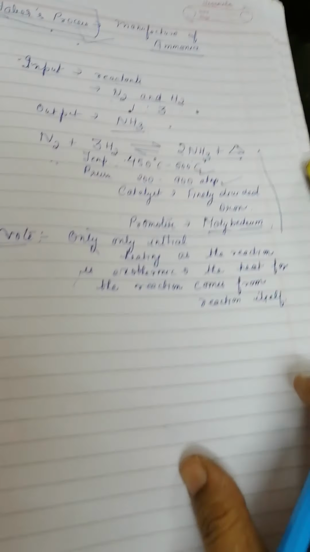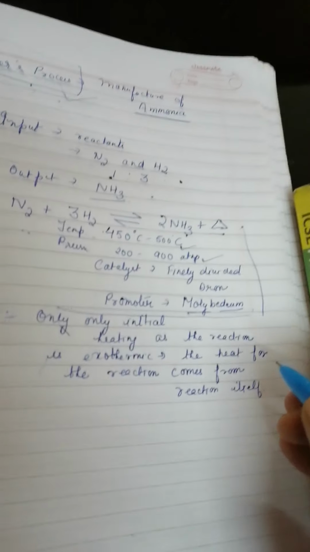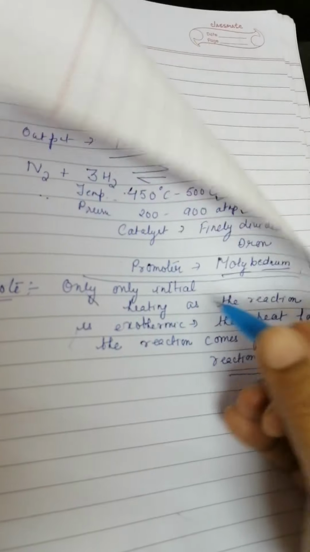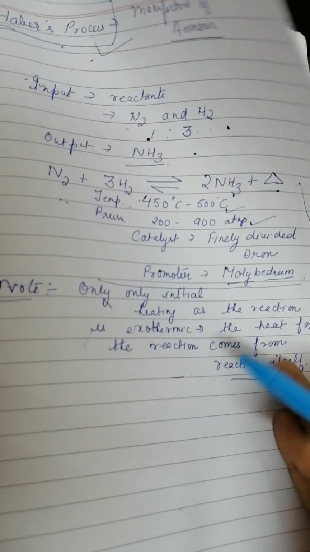So because it is an exothermic reaction, what happens in an exothermic reaction? The heat comes from the reaction itself. So if you just start the reaction, after that there will be no heat required. They may ask you this as a reasoning question.